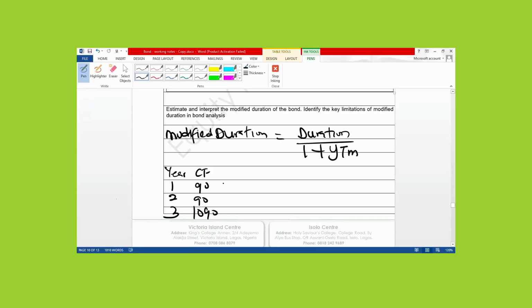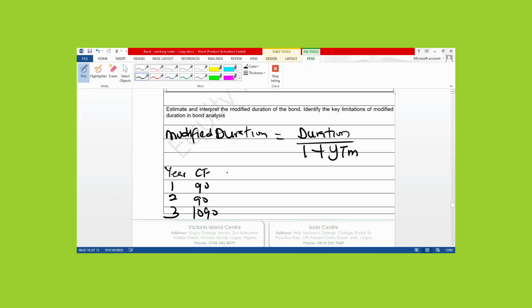To calculate duration, you have 3 steps. Step 1 is calculate the YTL. We have calculated the YTL. We got 6.83. Step 2, discount the cash flow from the bond using the YTL.